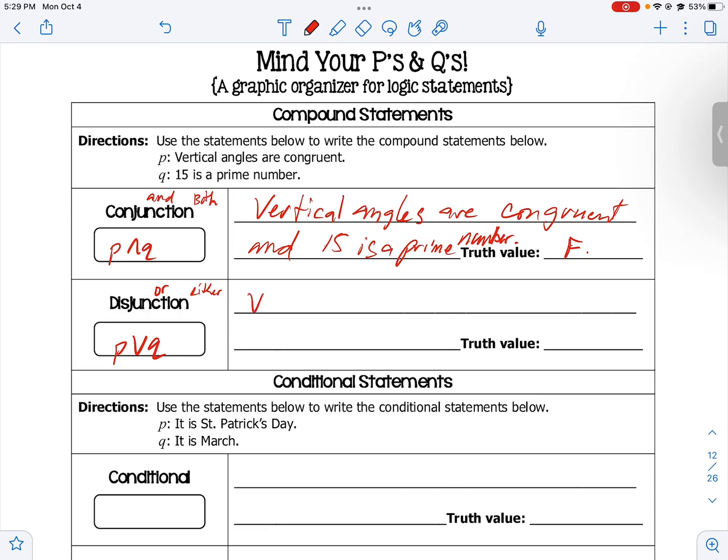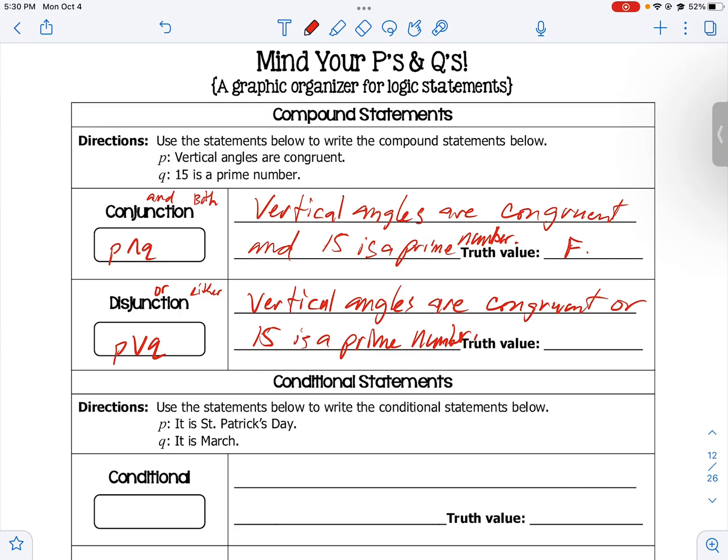Okay. Vertical angles are congruent or 15 is a prime number. I don't know why I put an E on the end of that.